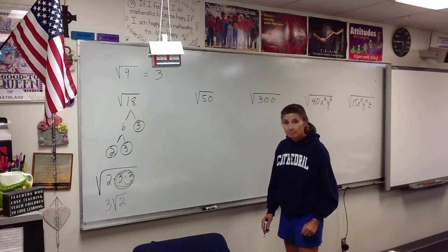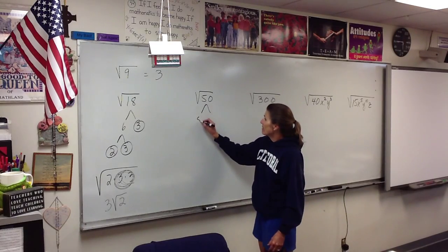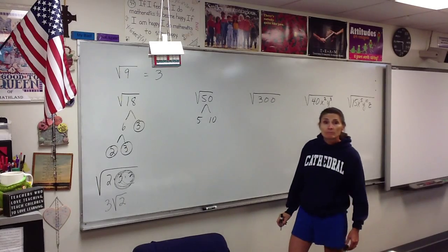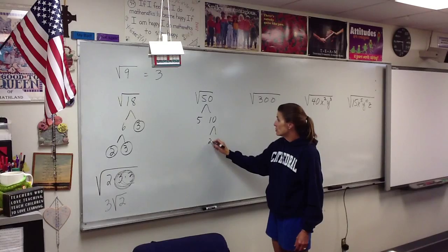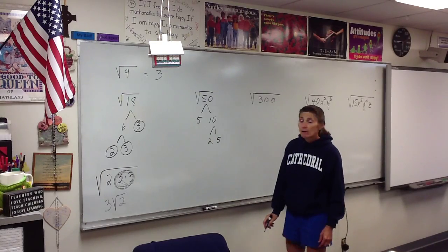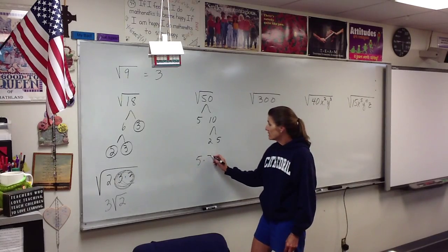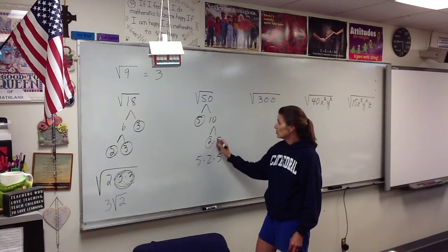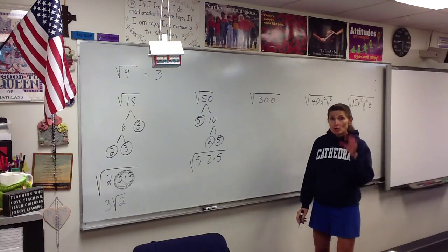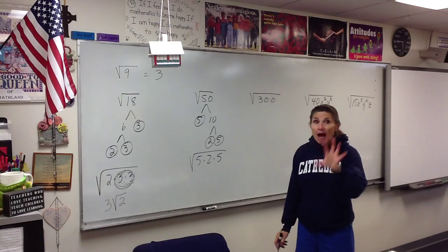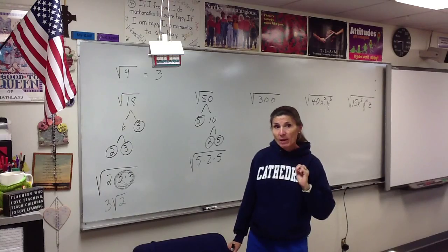Let's try this one. When you think about 50, I don't know what you think of. You might think of 5 times 10. 5 doesn't break down anymore, but 10 does, into 2 times 5. So now your prime factors are 5 times 2 times 5. Now remember, you're taking the square root of that. Your job is to take anything out that you can, but you can only take things out if they're pairs.